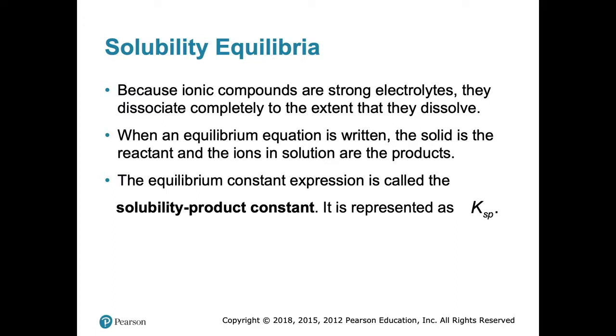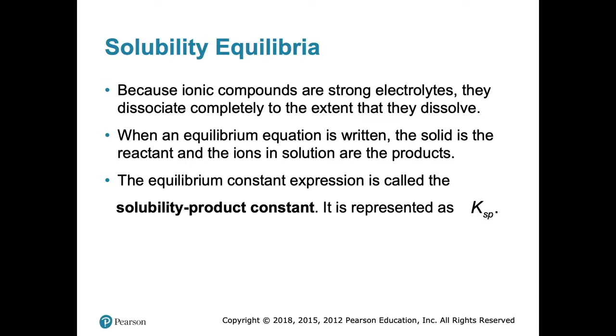So the thing that we need to know here is that this is based mostly on ionic compounds, like sodium chloride, things that are ionic salts. And those are extremely strong electrolytes, so they will completely dissociate in water when they dissolve. So when an equilibrium equation is written, the solid is the reactant, and the ions in solution are the products.